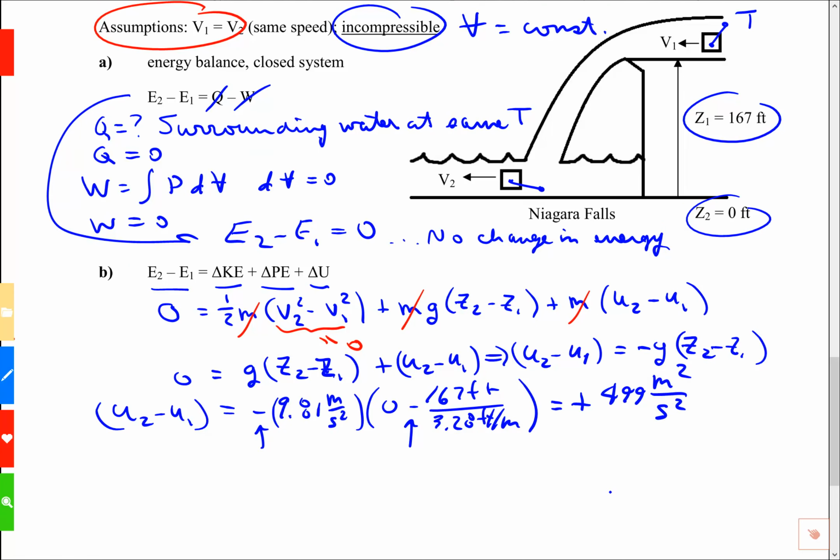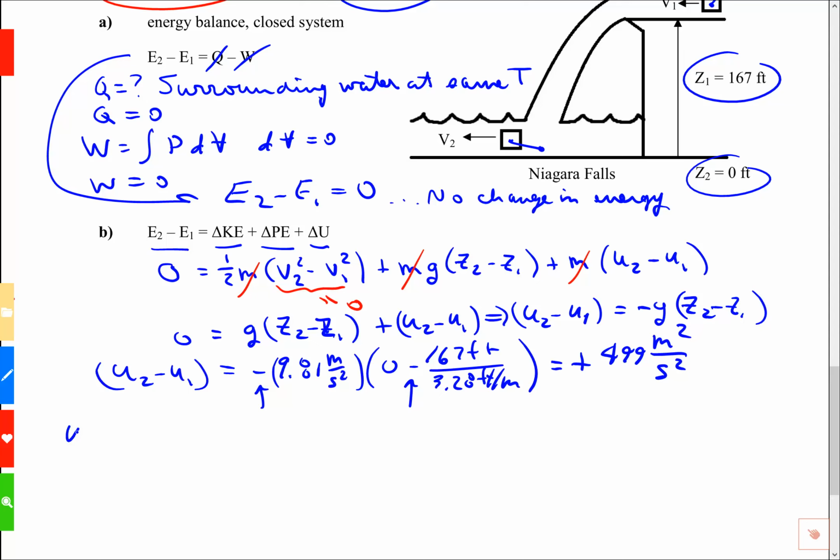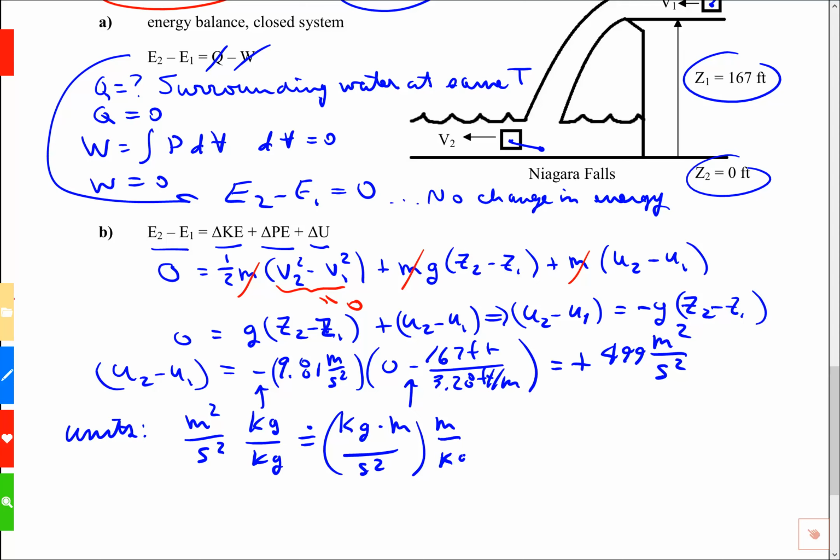What's that about? Let's look at the units for a minute. Meters squared per second squared. If I multiply that by a kilogram divided by a kilogram, and then group a kilogram and a meter and a second squared as one group, then what's left is a meter upstairs and a kilogram downstairs.